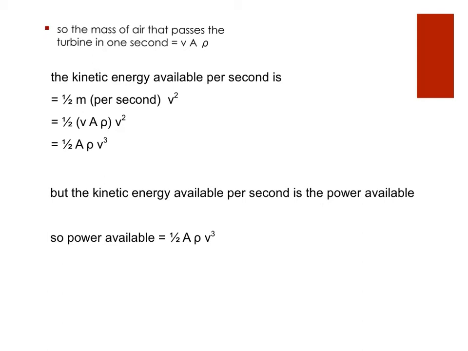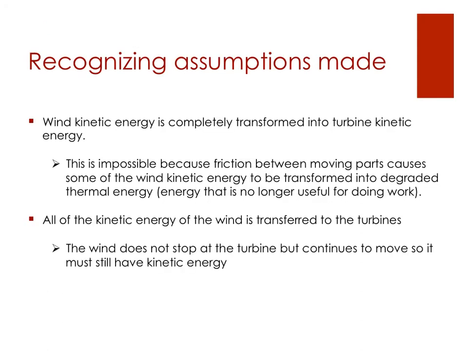The other really important thing about all the equations in that data booklet is realizing some of them have limitations or assumptions that are made when they are derived. For this one, in this case, one assumption was that all of the kinetic energy of the wind was actually going into causing the turbines to turn.